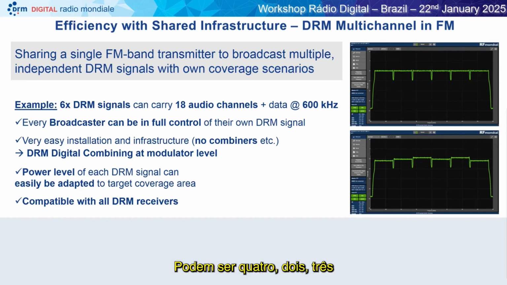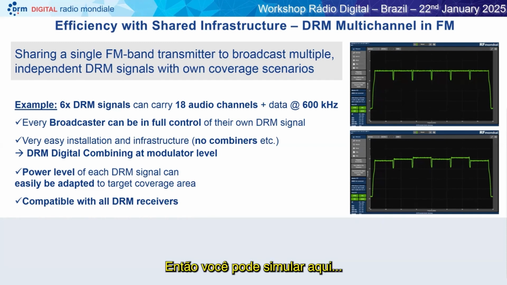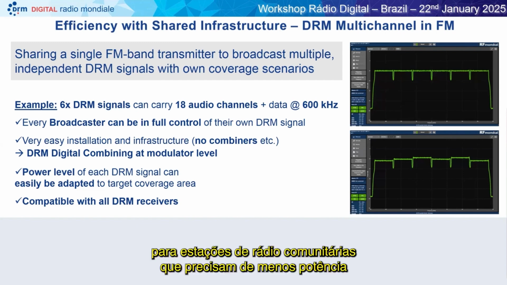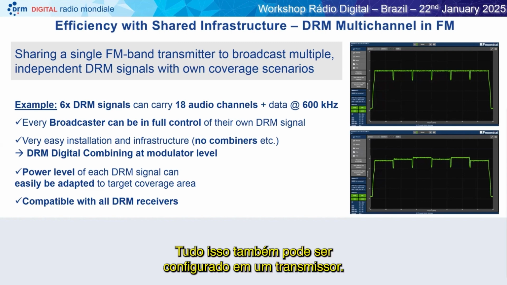It can be 4, it can be 2, it can be 3, or it can also be analog and digital together, like the simulcast that we showed earlier. So any combination is possible, and it can all be broadcast from 1 transmitter, even with different power levels. For example, a community radio station might need a lower power level than a commercial station. You can also configure that all on 1 transmitter.